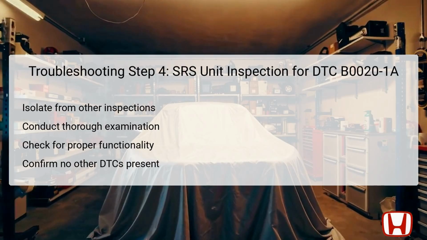Conduct a thorough examination of the SRS unit, checking its connectors, and inspecting both the internal and external components. Confirm that the SRS unit is functioning correctly without any blockage or faults that may affect performance.